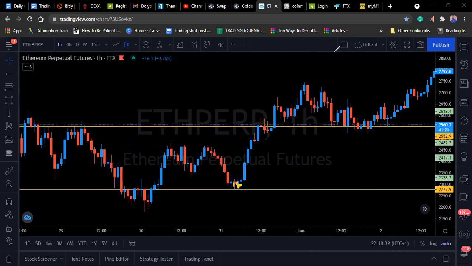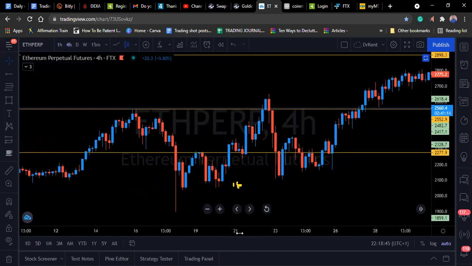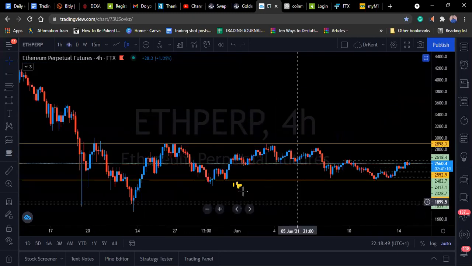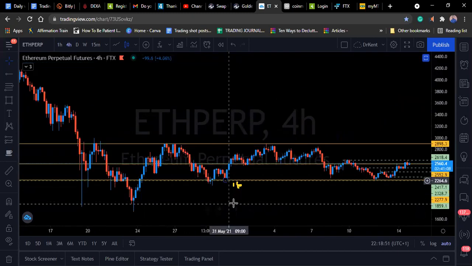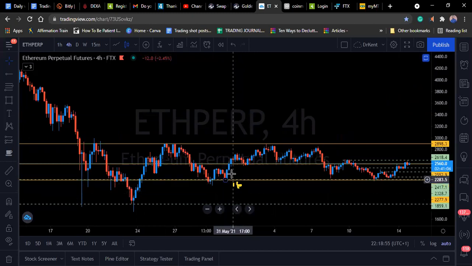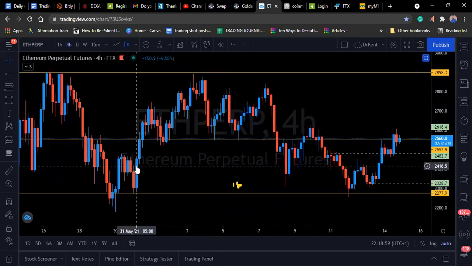Then another thing, you can look at H4. Okay, these are the areas we're looking at. What happened on H4? See this strong candle. You buy on this candle.